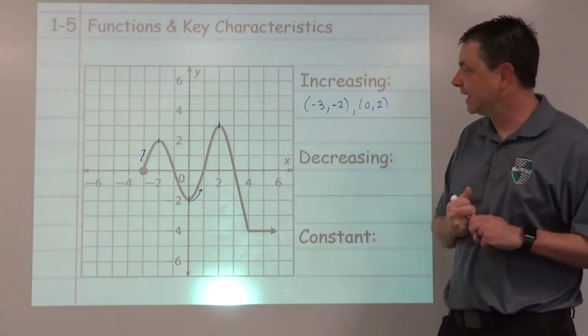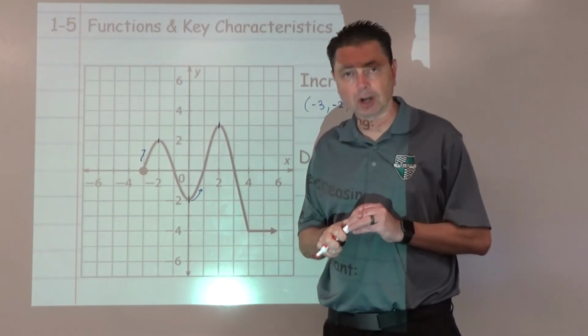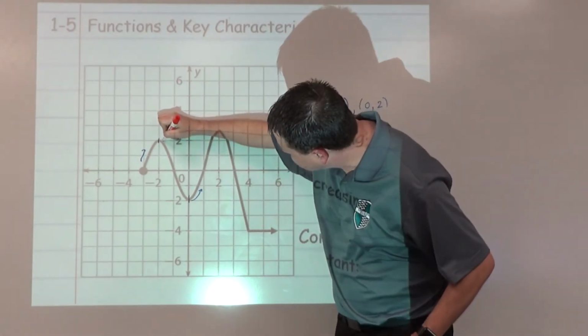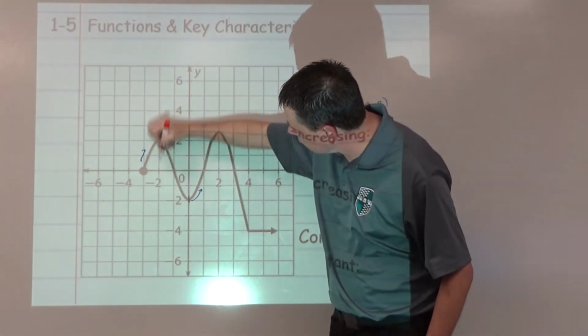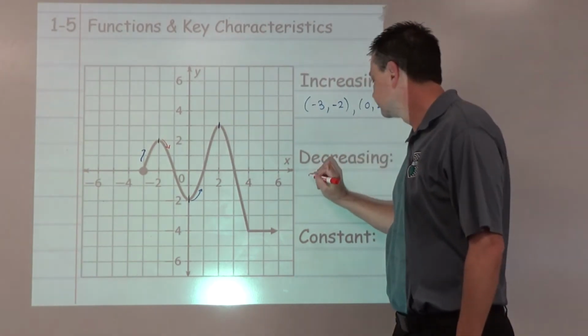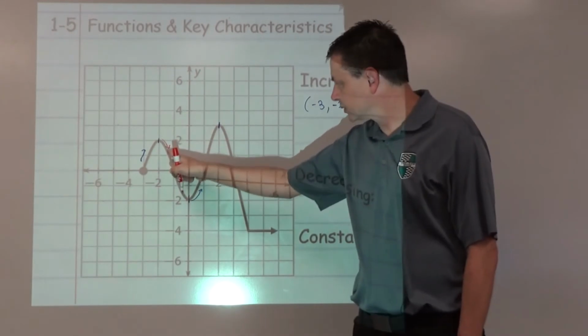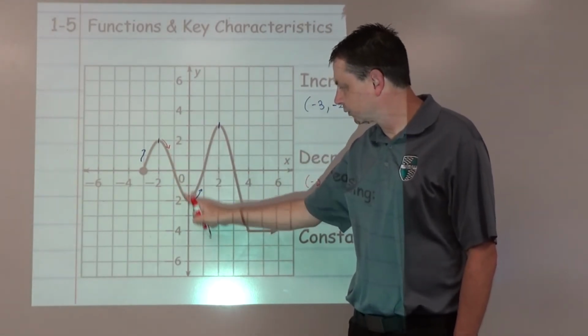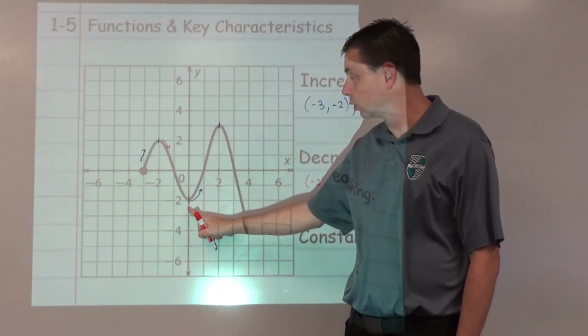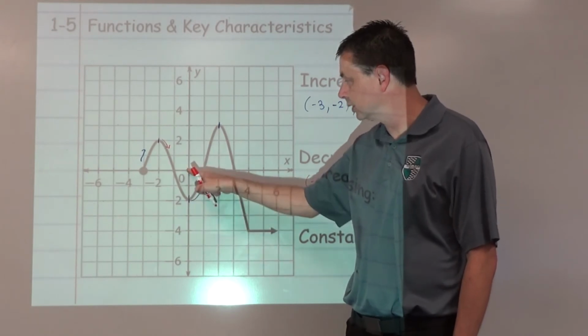Decreasing is going down. So where does it start to go down? Well, right here it's going down. So starting at -2, comma, stops going down once we hit right here. Again, x-coordinates. That corresponds to 0.